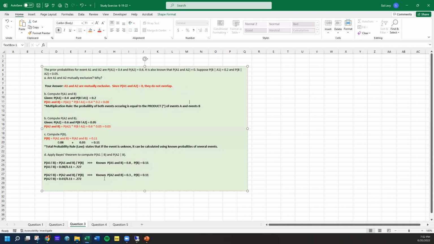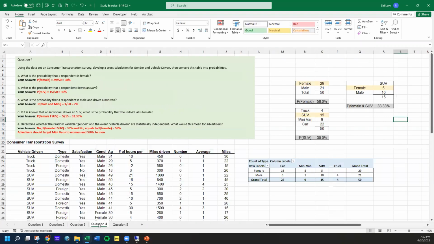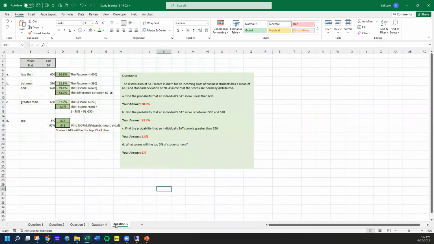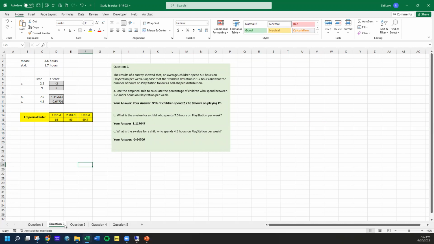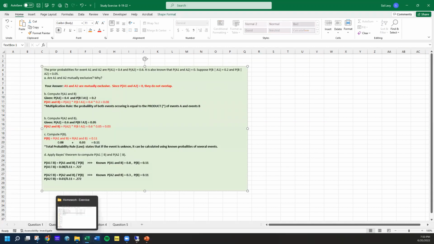But at the bottom, or somewhere in one of these things, he's like, are these mutually exclusive? Yeah, that's question A right there. I can't remember which one it was. It was one where he was asking, are they exclusive? Maybe it was on the homework.